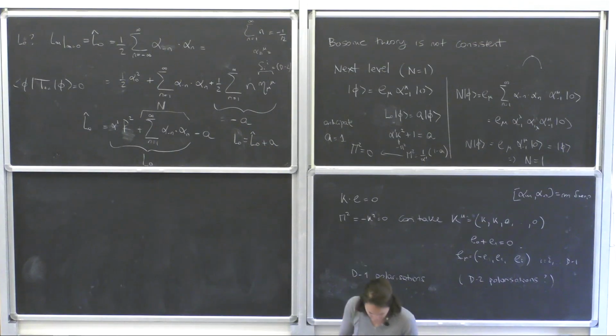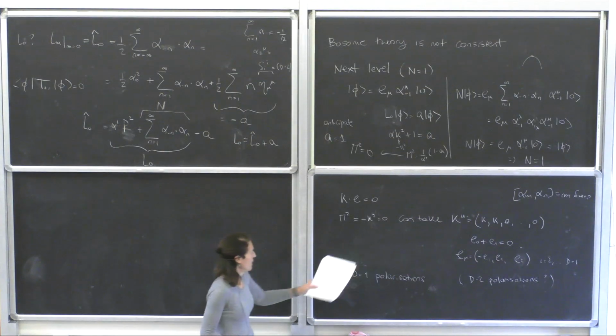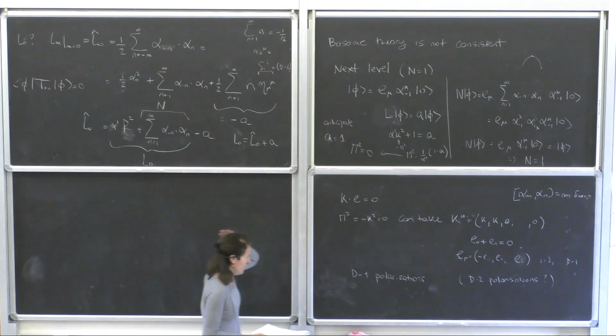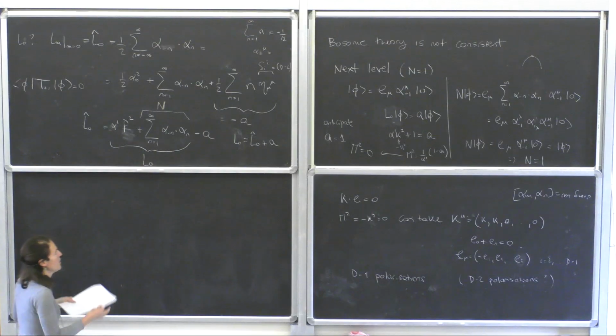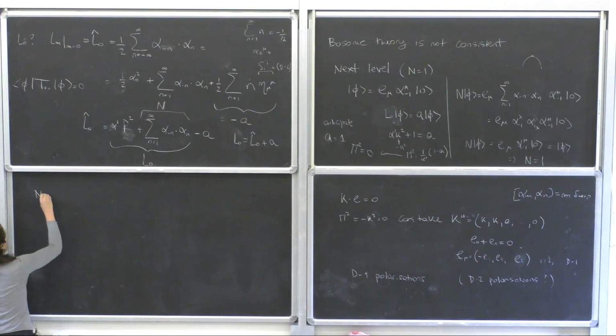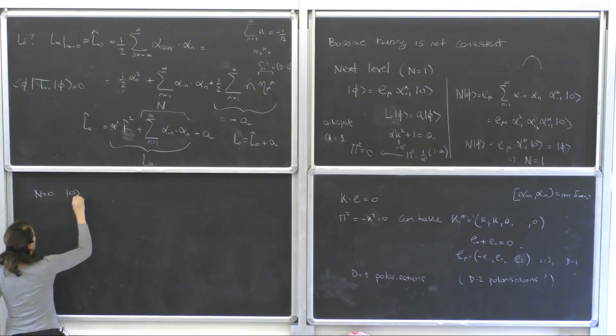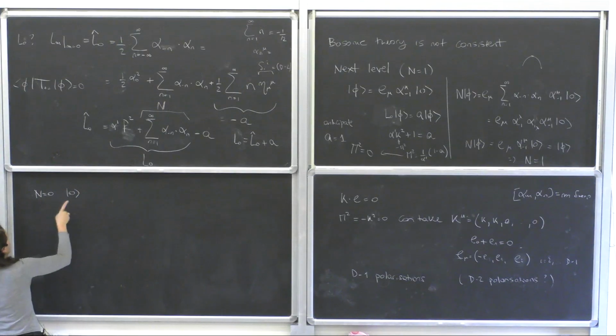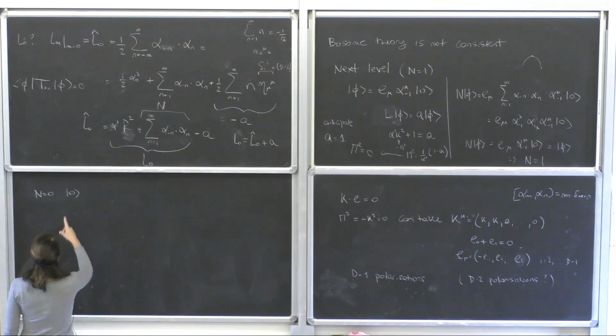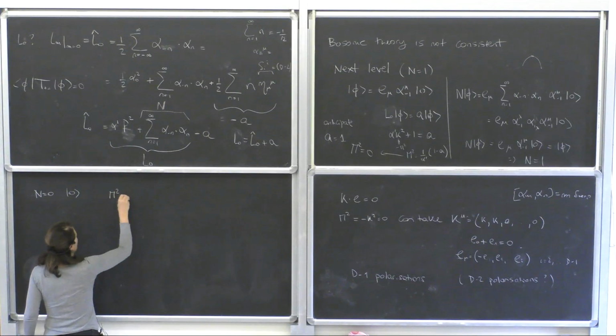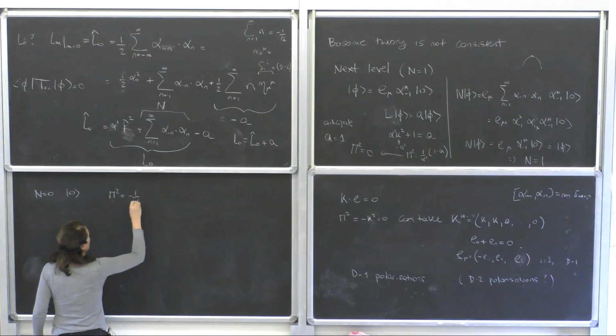Okay, let's go on. So before looking at this story of the polarizations, let me summarize what we have. At level n equals 0, we have this state. It's physical, its mass squared is minus 1 over alpha prime.